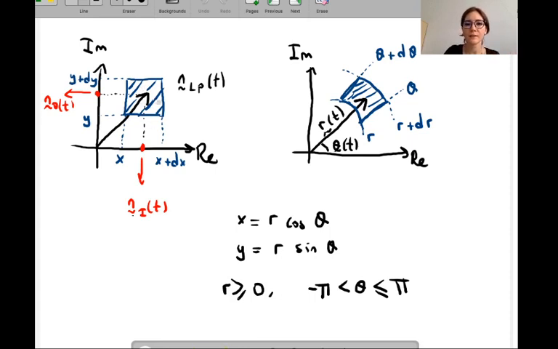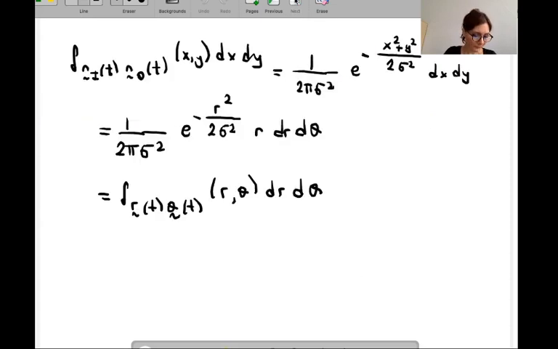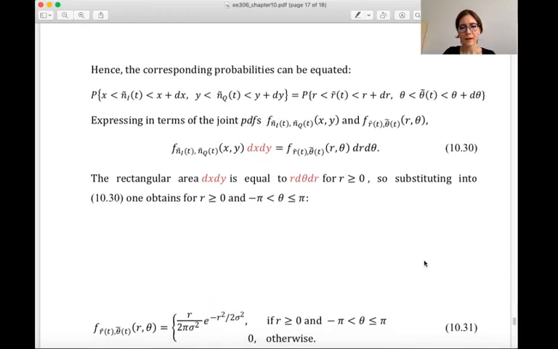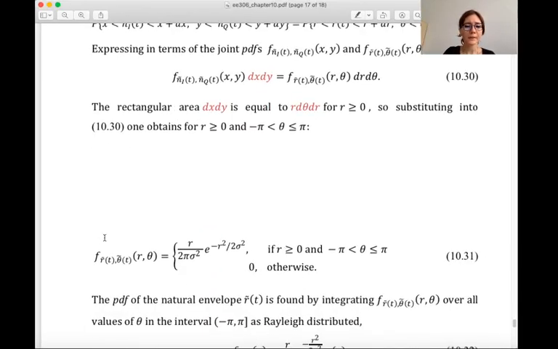Okay, T is fixed. But now comparing these last two equalities, the dr d theta factors are the same. So the expression which you see in here, which is the joint density of r of t theta of t, has to be equal to this one, including r. Now, from this, we have finally obtained the joint density of r of t theta of t.